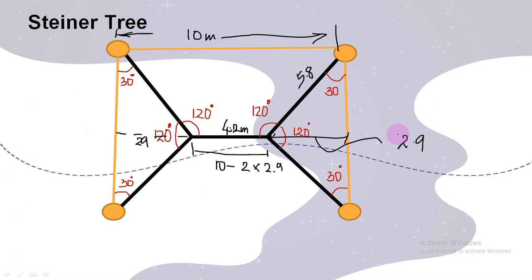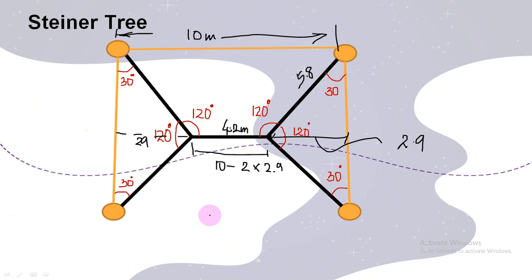I repeat, sine 30 equals opposite by hypotenuse. Hypotenuse is not known to us. By using tan 30 we have calculated this particular length, and we have also calculated this one. In order to obtain this hypotenuse, we have taken sine 30, so sine 30 is opposite by hypotenuse, and we get 5.8.